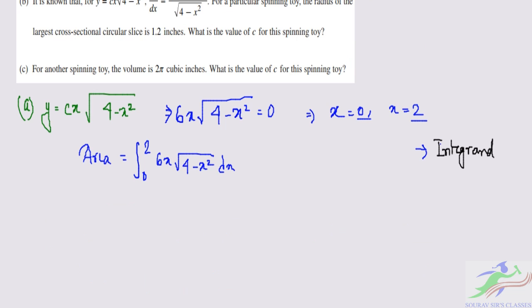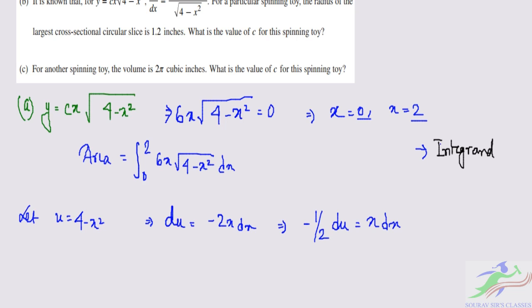Now let us take u to be 4 minus x squared. So we will solve this right now. What will be du? du is minus 2x dx, so minus half du equals x dx, right?